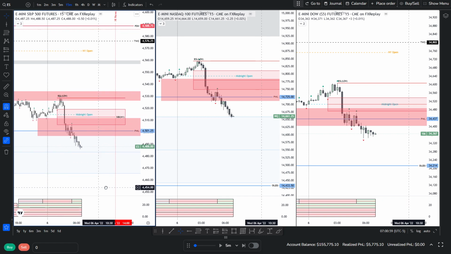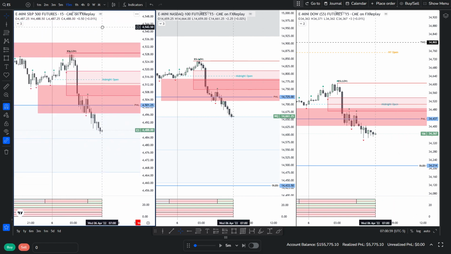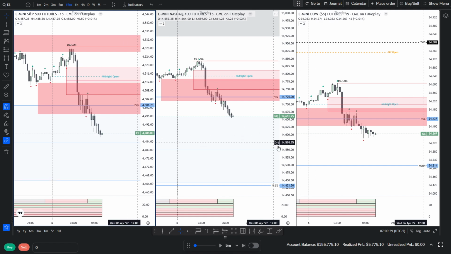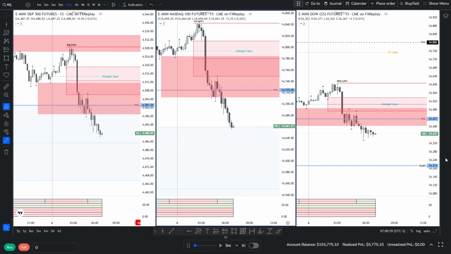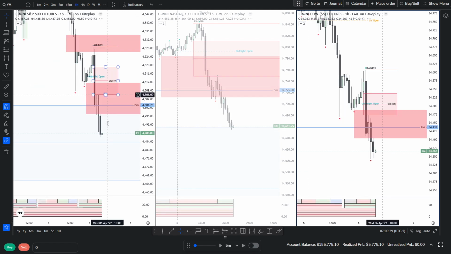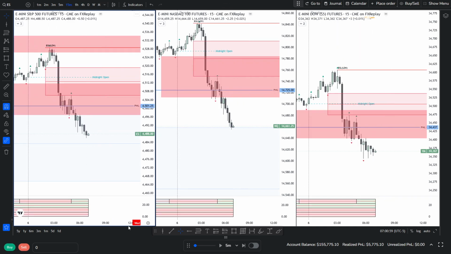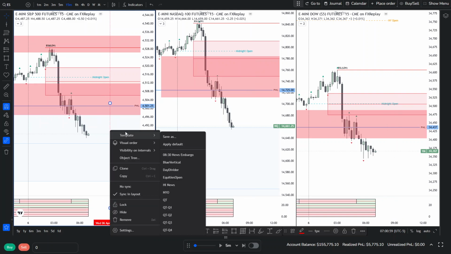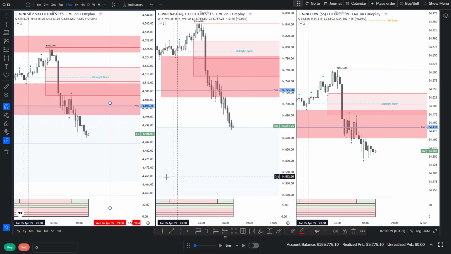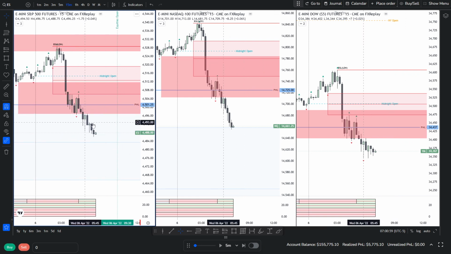Okay. Right, so I'm going to stick on the 15-minute. In fact, no, I'm going to stick to the hourly. Sorry, tell a lie. I'm going to stick to the 15 just because I can see, for instance, equities open clearly.